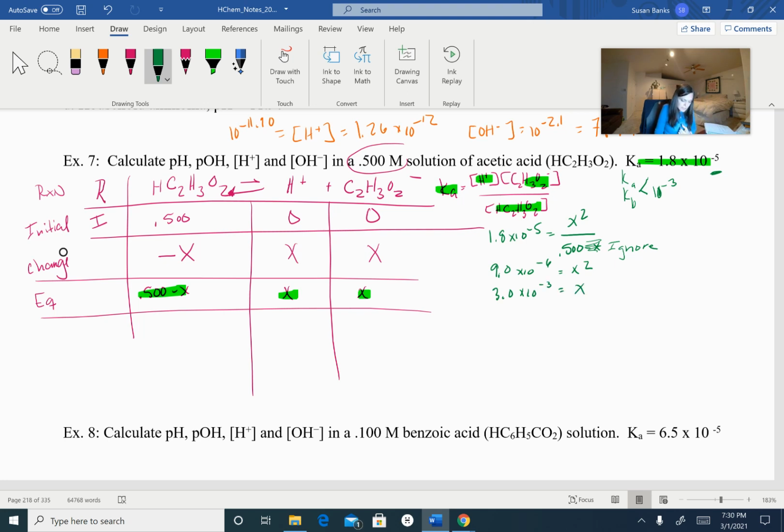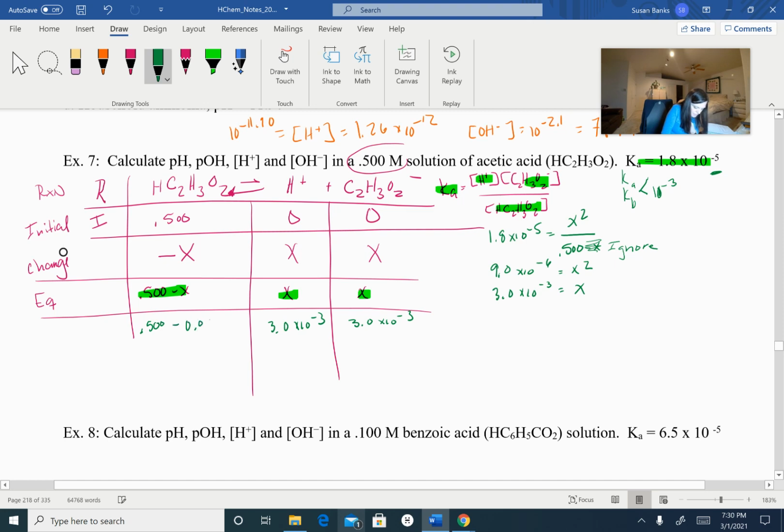So we can plug this in. So we have 3.0 times 10 to the negative 3 here, and 3.0 times 10 to the negative 3. And let's see, this would be 0.5 minus 0.003.